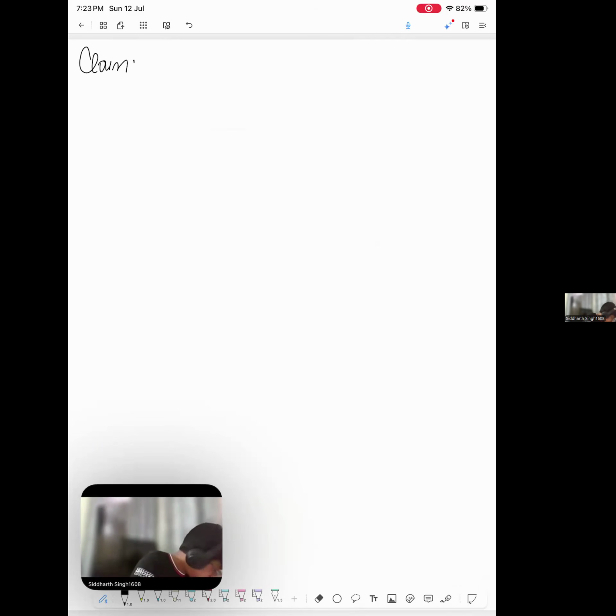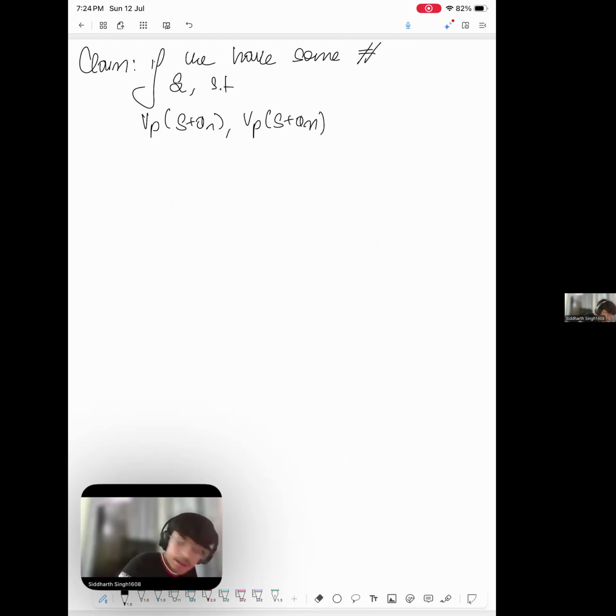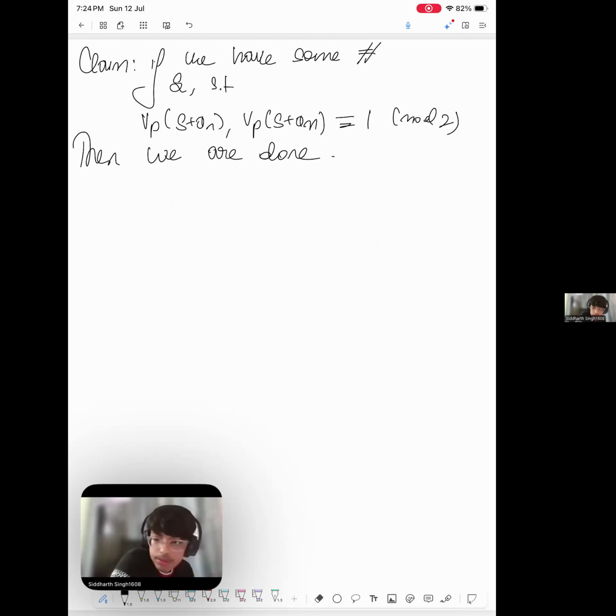Claim: if we have some number s such that VP of s plus an and VP of s plus am are congruent to 1 mod 2, so basically odd, then we are done. Okay. So this is what some person wrote in the chat. Yeah, that's basically it. And why would this finish?